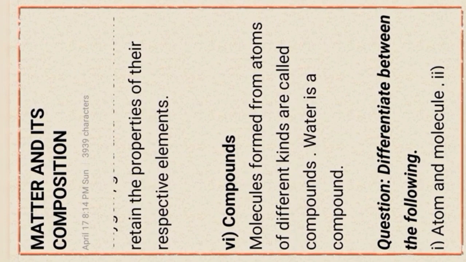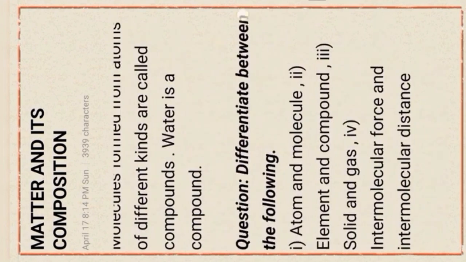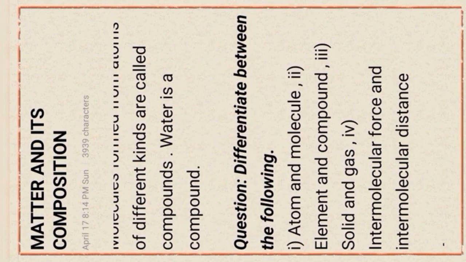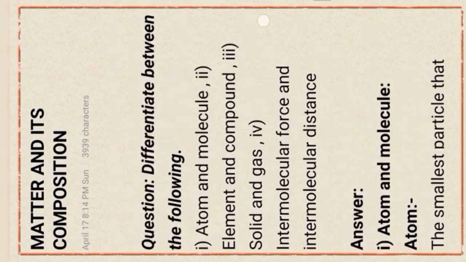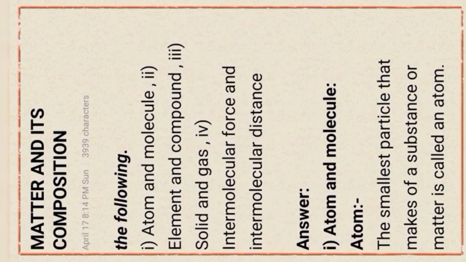What is a compound? Next question pattern: differentiate between the following terms. Number 1, atom and molecule. Number 2, element and compound. Number 3, solid and gas. Number 4, intermolecular force and intermolecular distance. Now discuss number 1, atom and molecule.